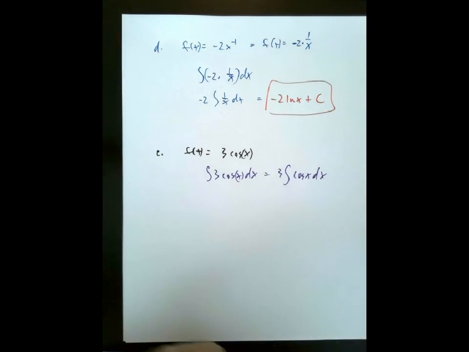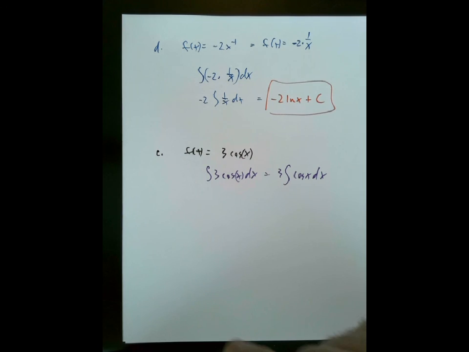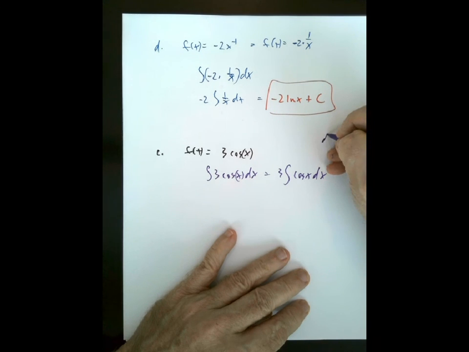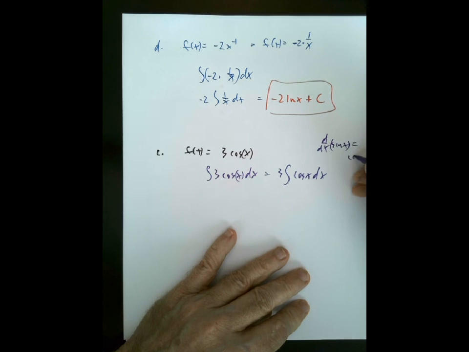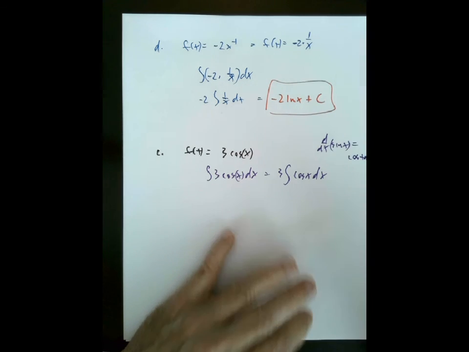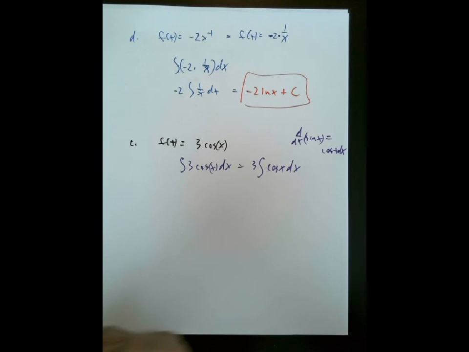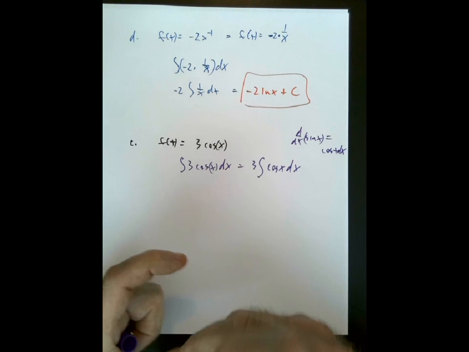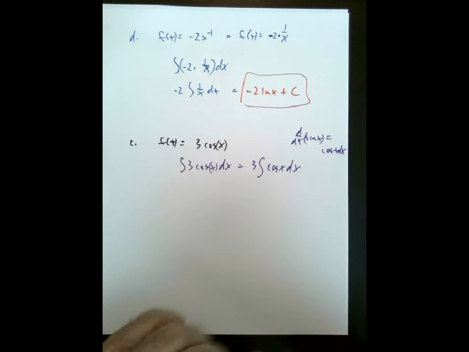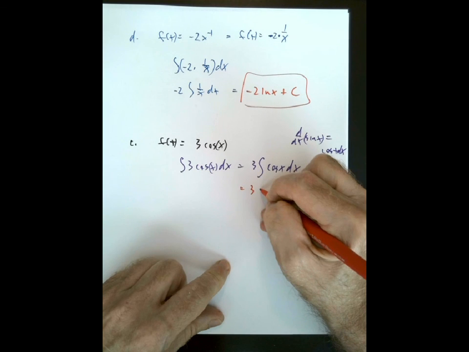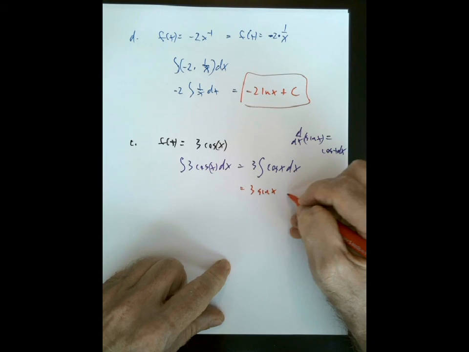And what's the function that, if you take the derivative of it, you get cosine? Well, remember that d dx of sine is equal to cosine x, right? All right, there we go. So therefore, this is equal to, I'll use red again for this one, 3 sine x plus c.